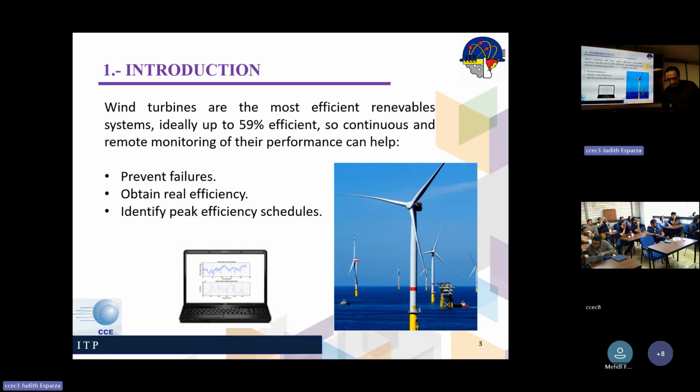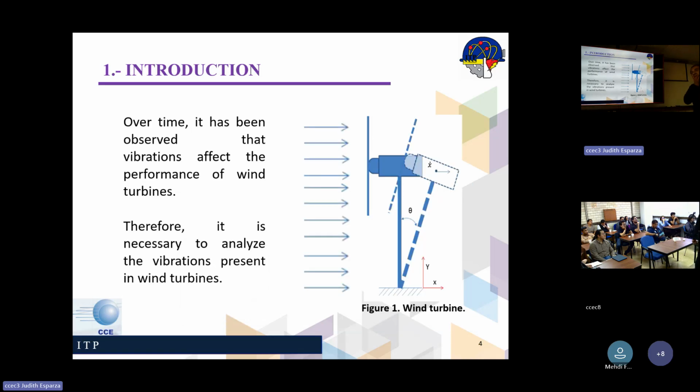Number 1, introduction. We know that wind turbine systems are the most efficient of the green energy systems, ideally up to 59% efficient. But this system can be affected by vibrations. Over time, some people have observed that this phenomenon can affect the system.